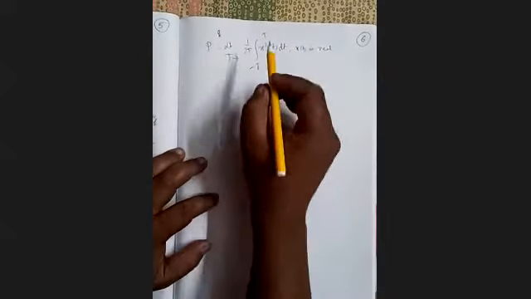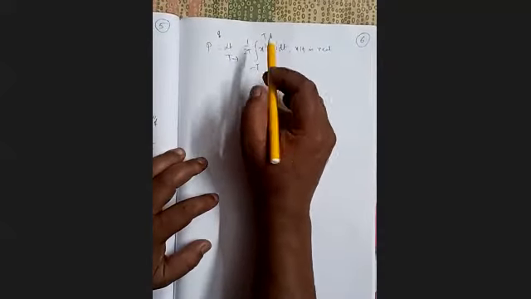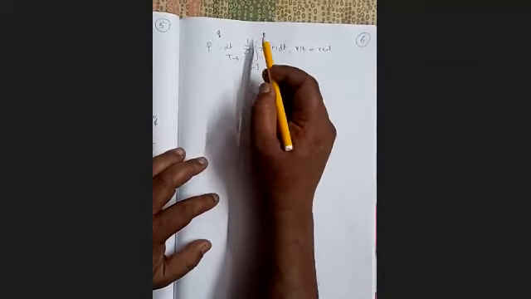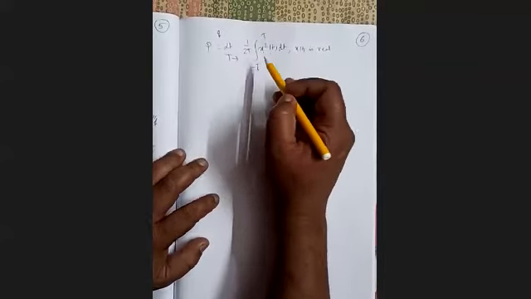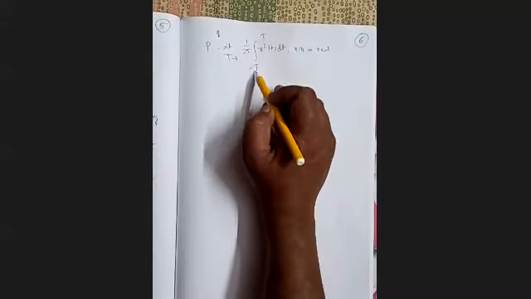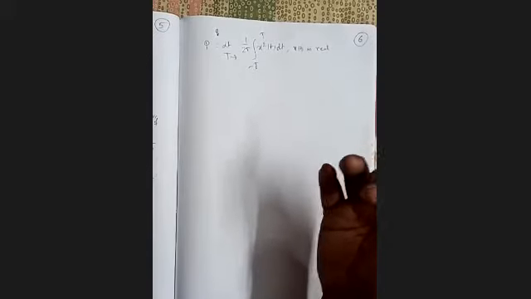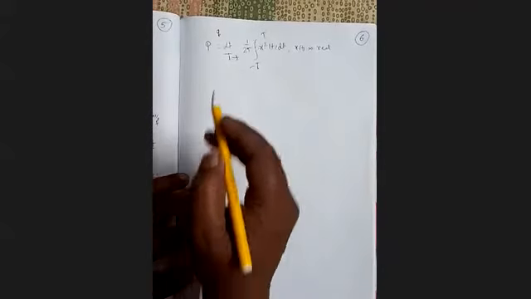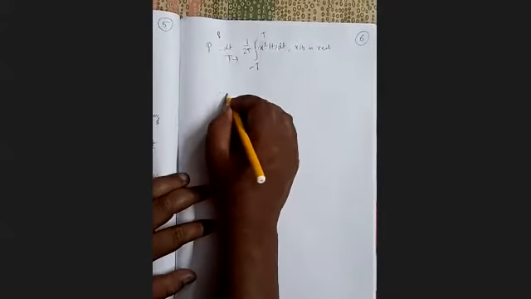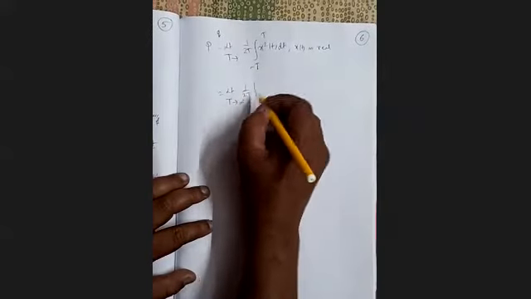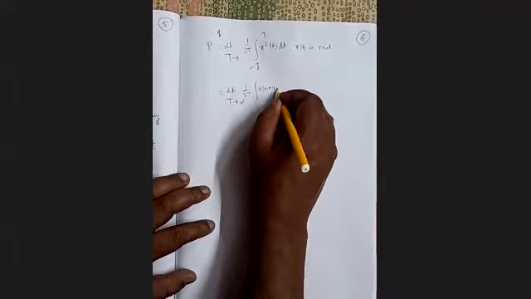Clear? If you write, say, minus 3 into capital T to plus 3 into capital T, the total duration will be 6T, so it will be 1 by 6T. If you write minus T by 2 to plus T by 2, no problem. Total duration is capital T, so it will be 1 by capital T. So any way you write it, it will be 1 by the duration. And for a complex signal, it will be limit T tends to infinity 1 by 2T integration x(t) into x(t) star.